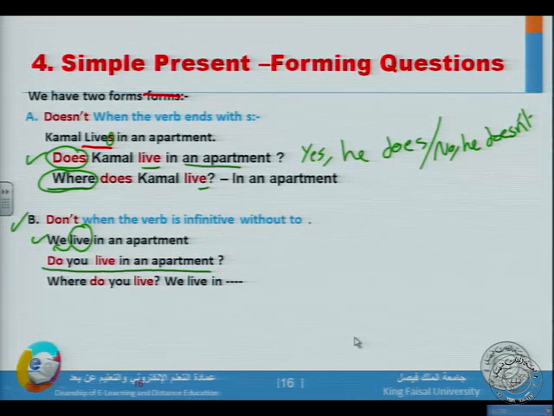Where do you live؟ We live in an apartment. هذه الثالثة. So this is how we form a question in English.